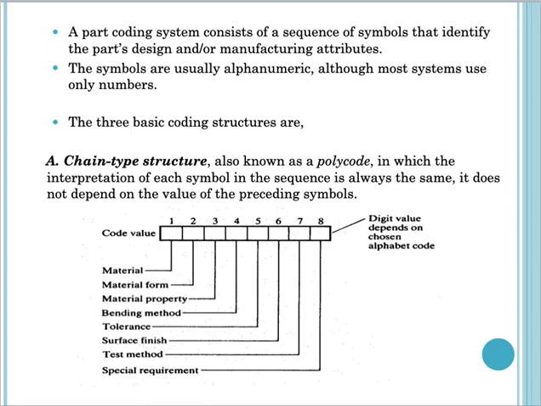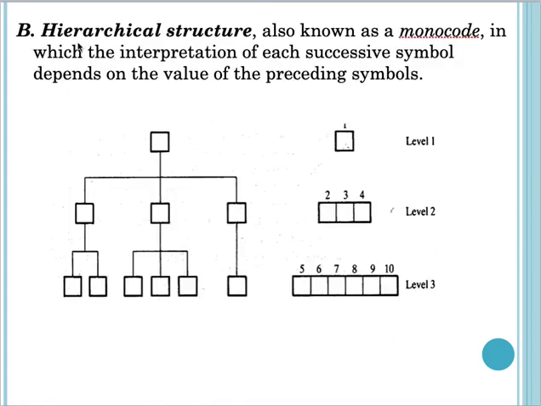Another is the hierarchical structure, also known as a monocode, in which the interpretation of each successive symbol depends on the value of the preceding symbol.